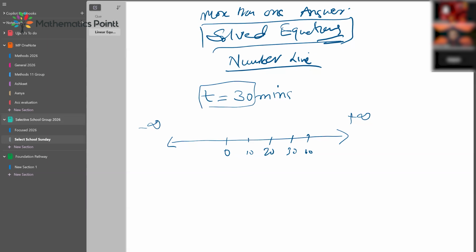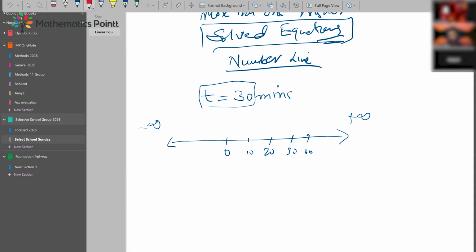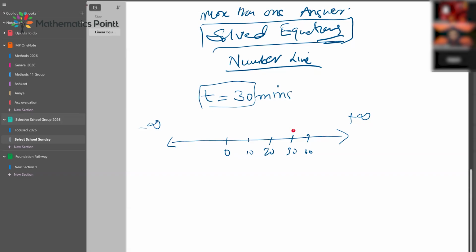John being at t equals 30 is represented by a dot on the number line, which corresponds to exactly one value, t equals 30.